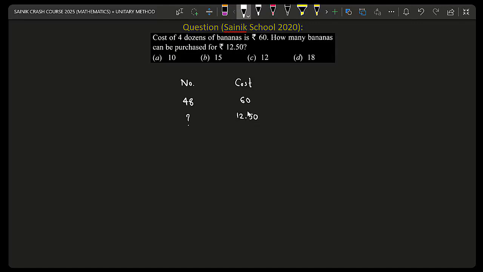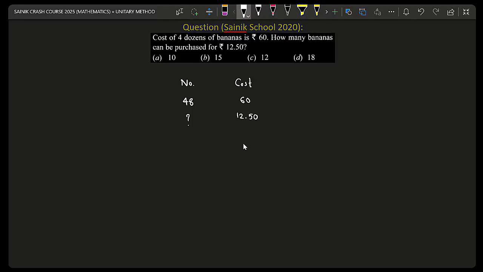Otherwise 12.50, no problem. So now, which method do you want to use to solve this? Unitary method or proportion method or the direct shortcut that I told you as method number 3? Yes, sir, the shortcut. What is the direct equation we can write at the end?